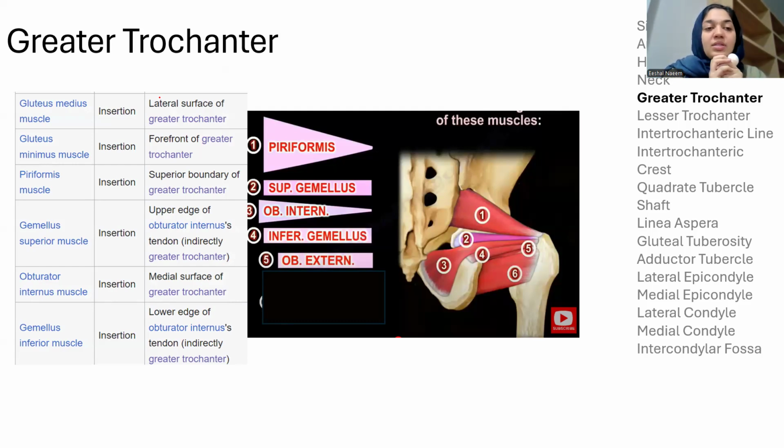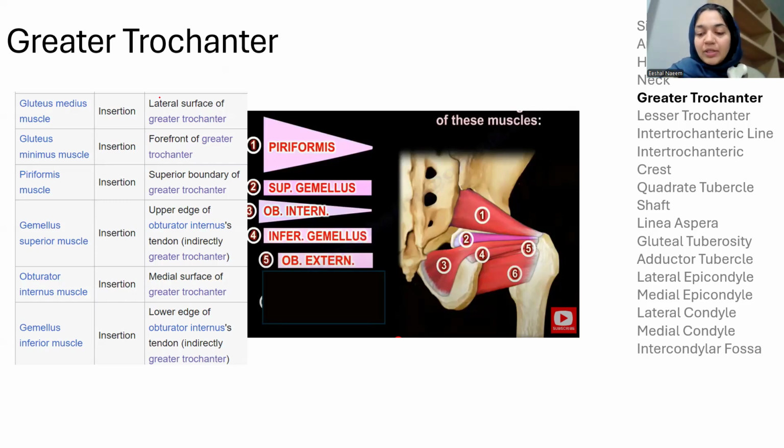Then we had the gluteus minimus, in the forefront of the greater trochanter. Piriformis is another muscle which inserts in the superior border of the greater trochanter. Gemellus superior and gemellus inferior go to the upper and lower edges of the obturator internus tendon. So the obturator externus goes into the trochanteric fossa, and the obturator internus tendon goes in front and above the trochanteric fossa, where the upper edge takes the insertion of the gemellus superior and the lower edge takes the insertion of the gemellus inferior.